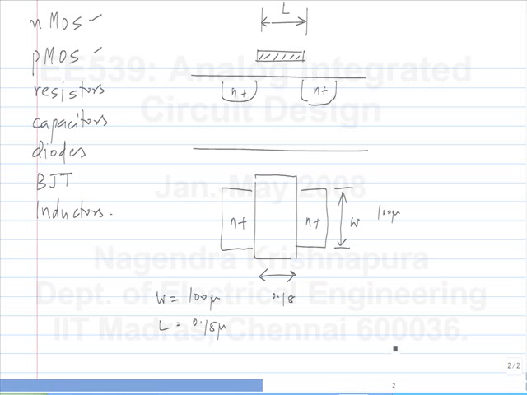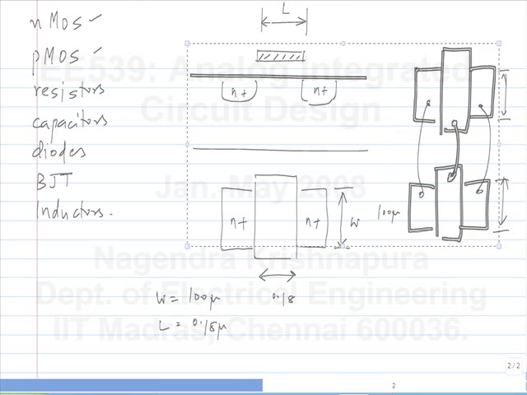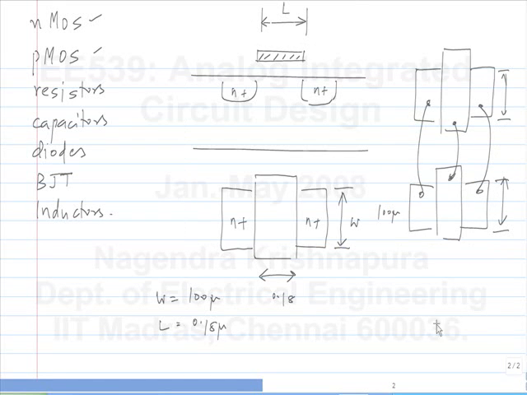If you connect a number of transistors in parallel, it is like increasing the width. I have one transistor, I have another transistor. If I connect these two in parallel, it's like adding the widths of the two transistors. So that's what I do when you can't make a sensible layout by having a 100 micron wide device which is 0.18 micron long.